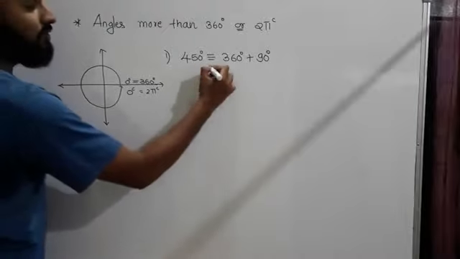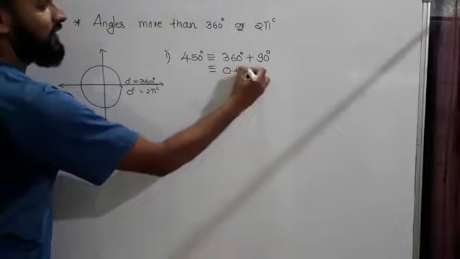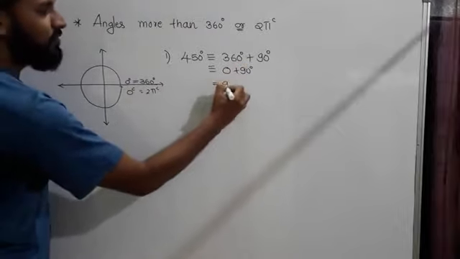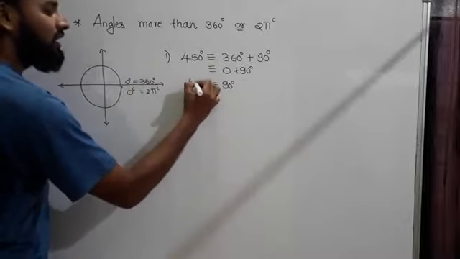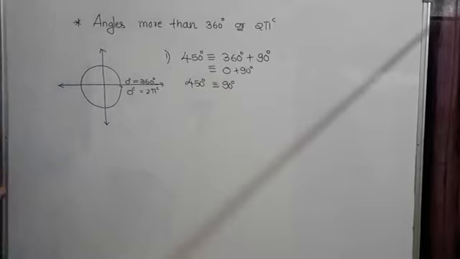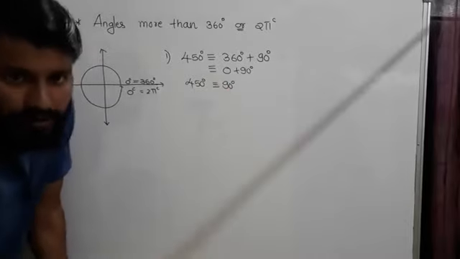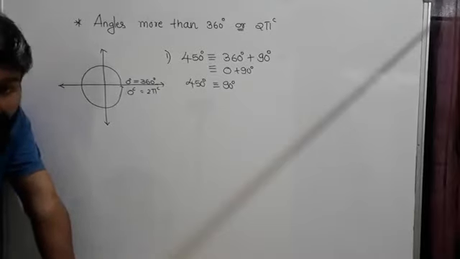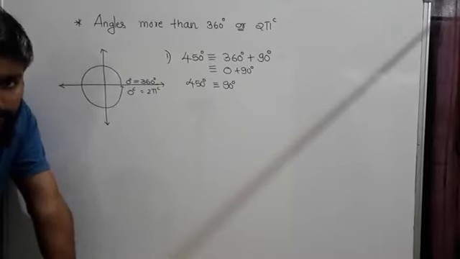So this is equivalent to 0 plus 90 degree. Why did I write 0? Because 360 is nothing but 0, so it is equal to 90 degree. So you can easily say, my dear friends, 450 degree and 90 degree are equivalent to each other according to trigonometry, according to our angle convention.